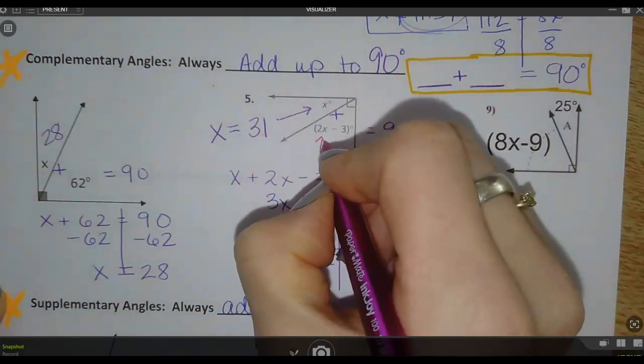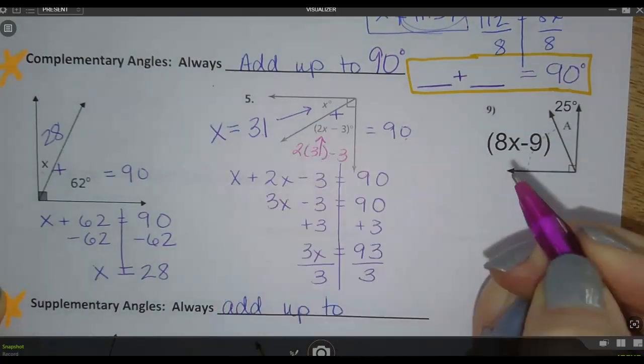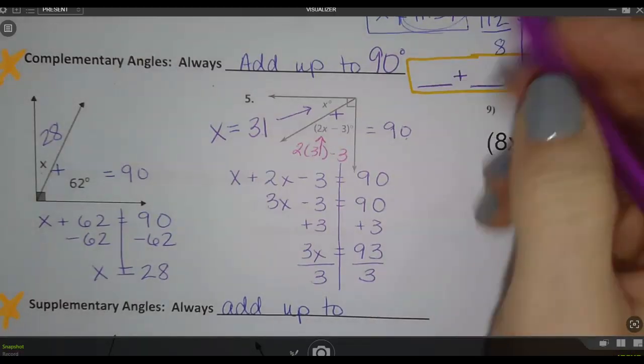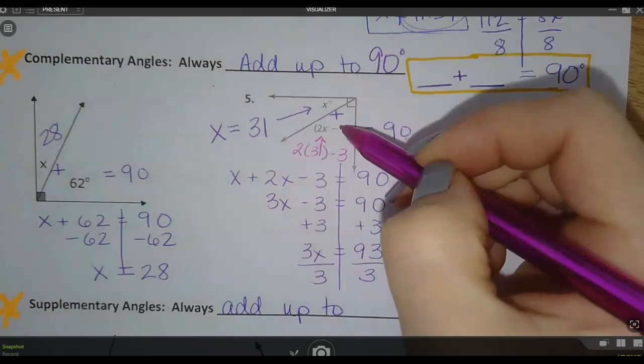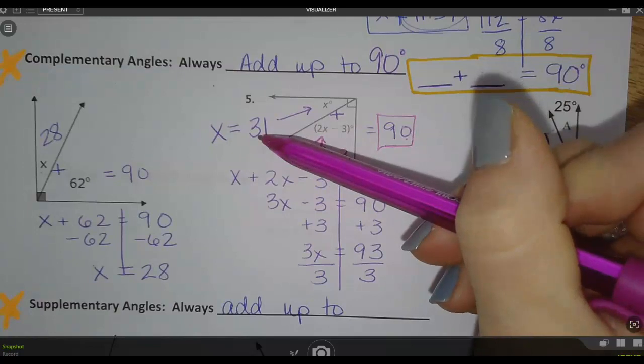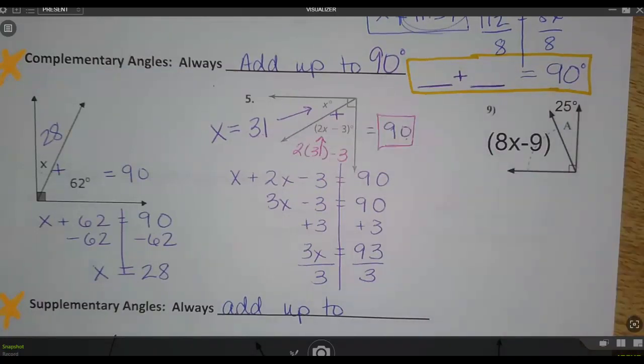If I put 31 in here, 2 times 31 and then minus 3, let's see. I get 59. Yeah, that works. 31 plus 59 does make 90. So you can always plug your value that you got for x back in as another way of double checking yourself.